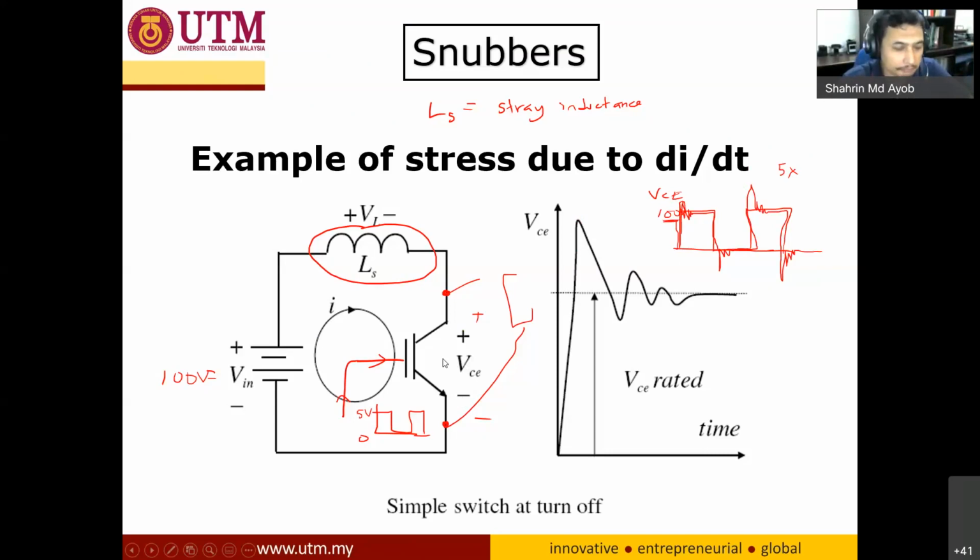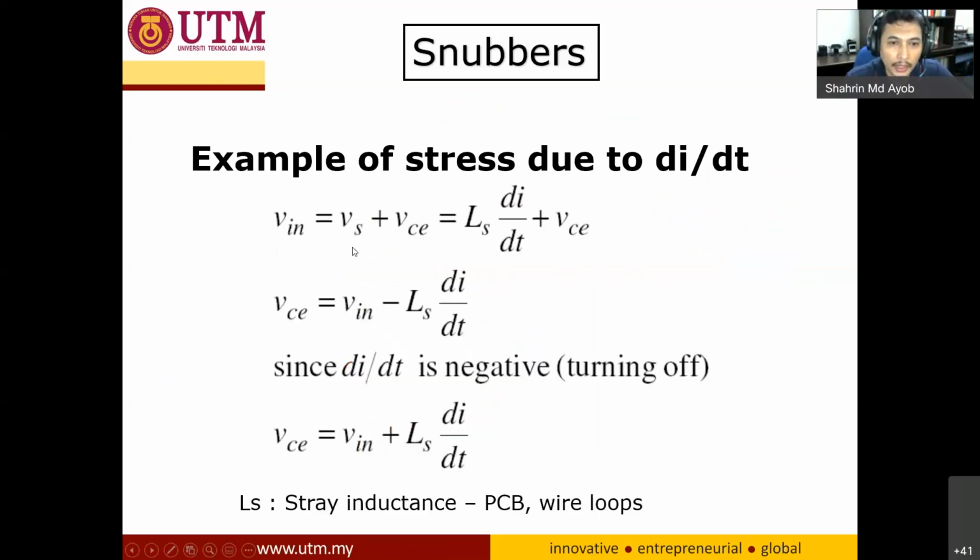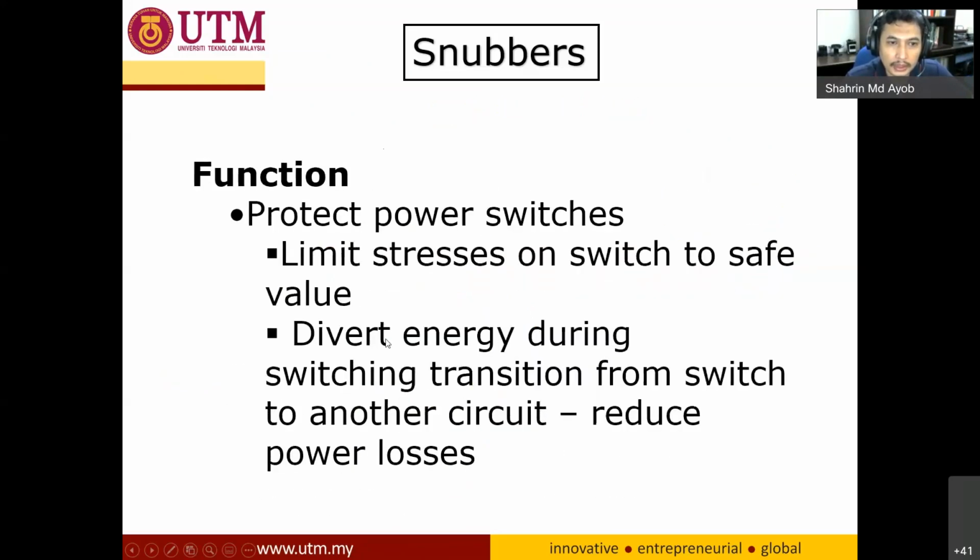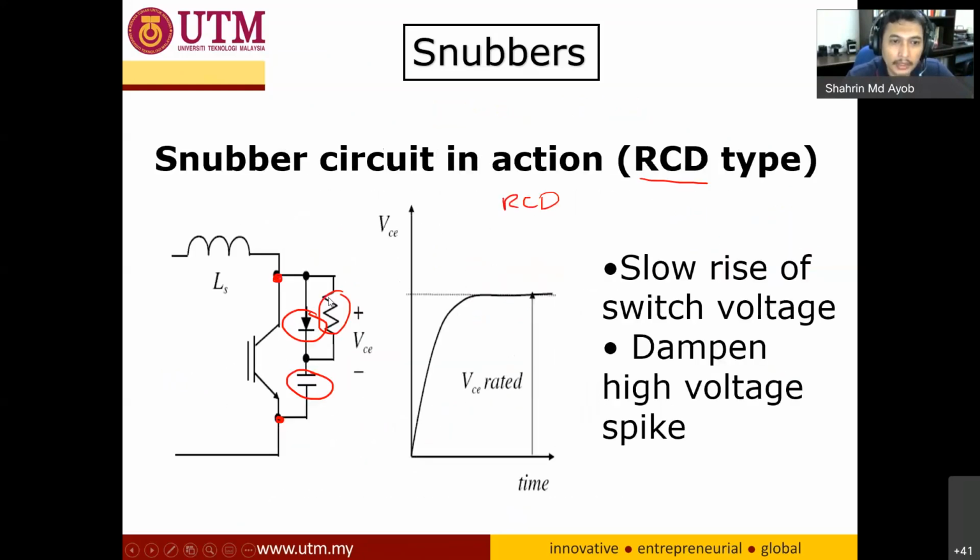So how to avoid or reduce this effect? As you can see, the function of the snubber is to limit the stress on the switch to safe values. Here we have the RCD snubber, which creates an alternative path for the energy from the inductor to be diverted into another circuit.